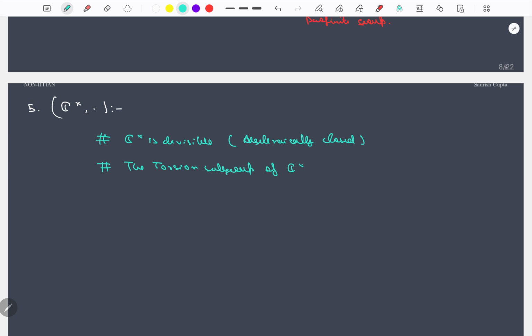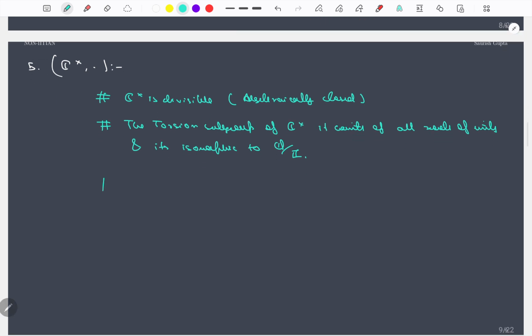The torsion subgroup of C cross consists of all roots of unity, and this collection of all roots of unity is in fact isomorphic to the group Q mod Z. So Q mod Z is actually isomorphic to all the roots of unity in C.